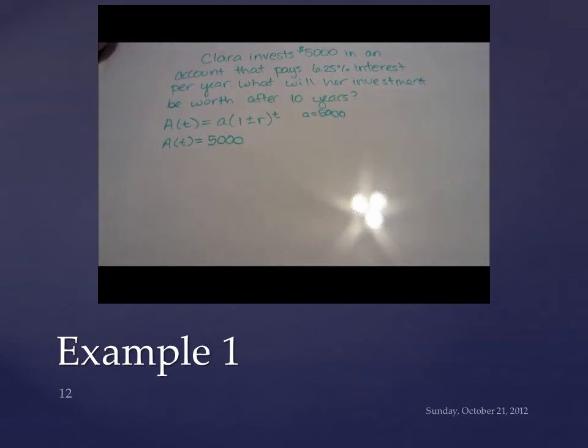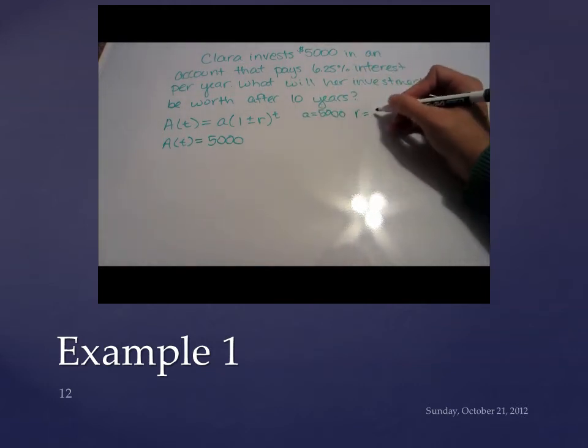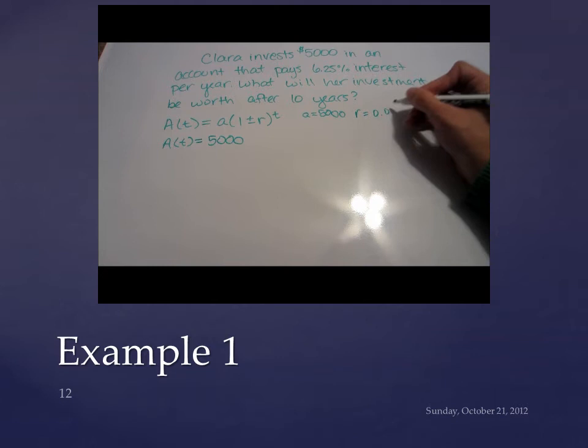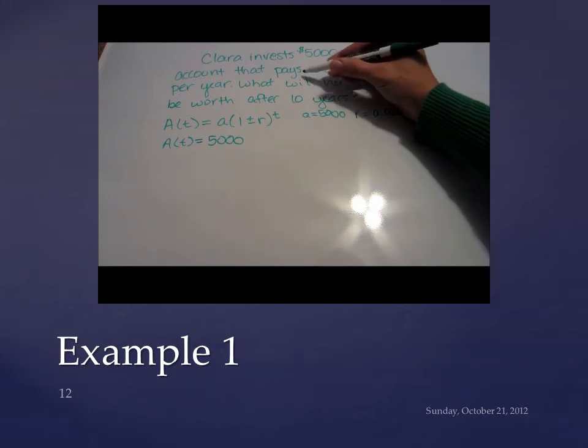Then we have our rate, and we need to change our rate to a decimal. So our rate is going to be 0.0625. And I get that from moving the decimal point over 2 spaces.